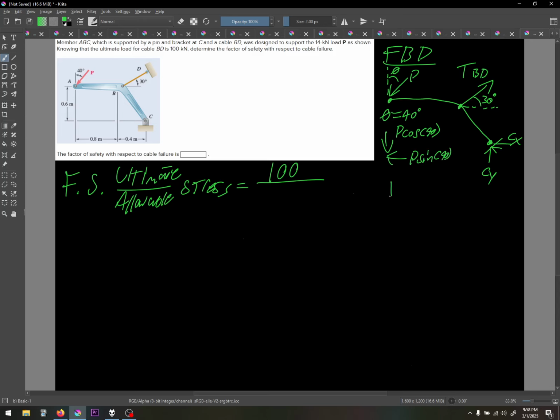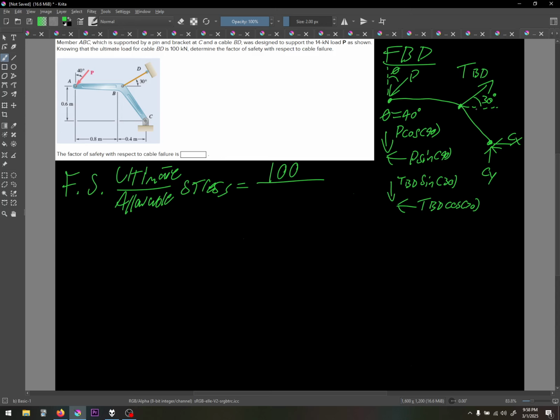Splitting TBD up, we're going to have TBD sine of 30 and TBD cosine of 30.